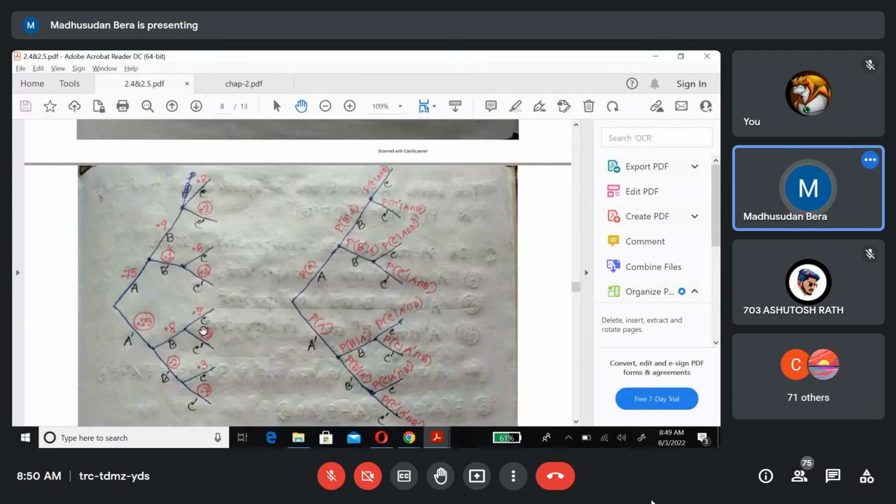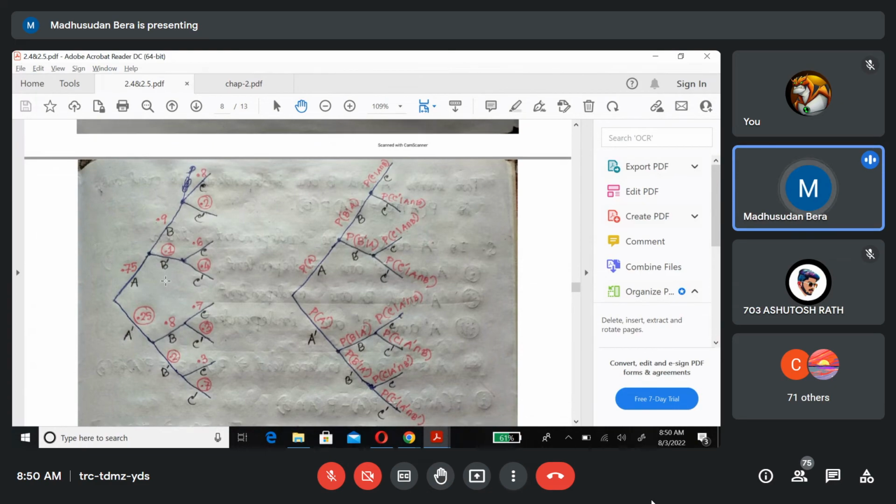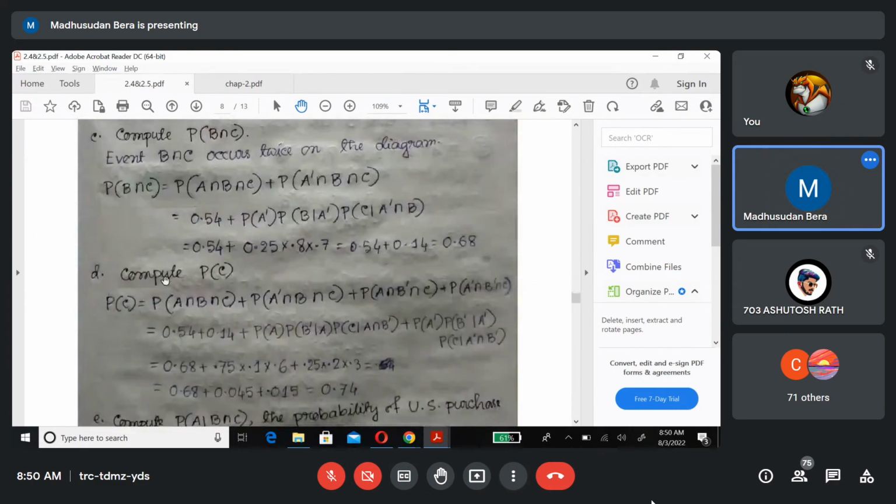Plus for this C, 0.25, 0.8, 0.7. Plus for this C, 0.25, 0.2, 0.3. That will be P of C. Or you can write it this way also. Same thing actually. If you remember the trick, then there is no chance of mistake.